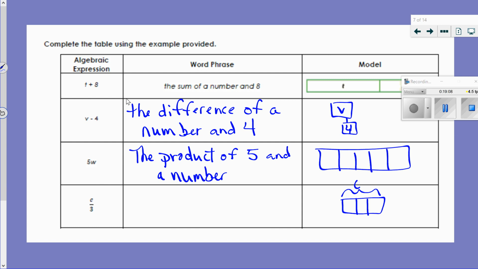I have 5 of them that all have a W in them. I can't do it with 5 boxes of 5 because I wouldn't know how many boxes to do. That's why the 5 has to come before the W. Our final one, the primary word for division would be quotient. So the quotient of a number and 3.